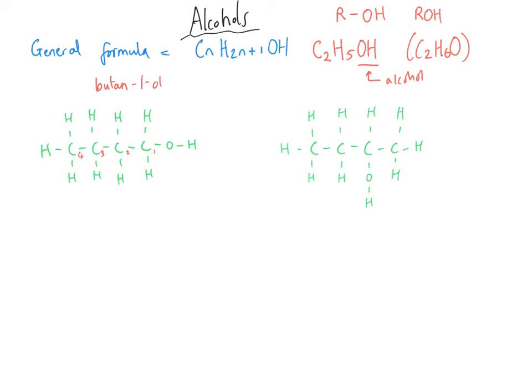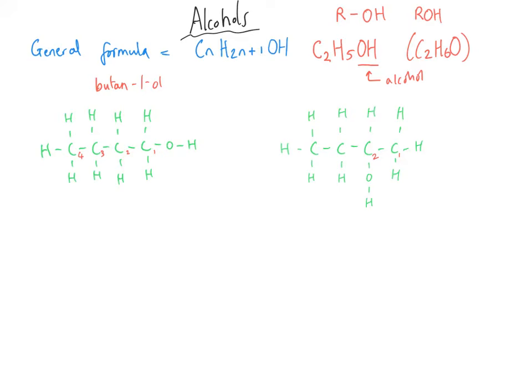On the second example, we have to start numbering from either end. If I start numbering from the left-hand end, this will be carbon number 1, 2, 3. If I start numbering from the right-hand end, 1, 2. So there isn't a rule for which end you have to start from, except you have to start from the end that keeps the numbers as small as possible, which means that you have to do a little bit of working out when you've been presented with the example.